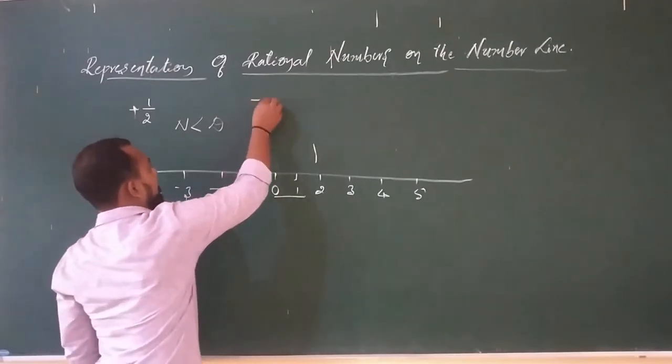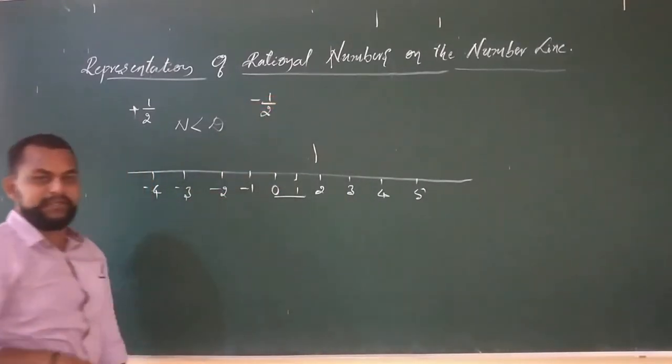For example, -1 by 2 is a negative rational number.